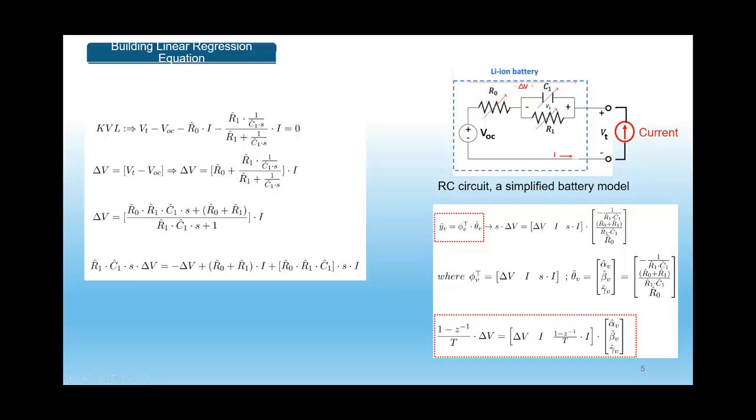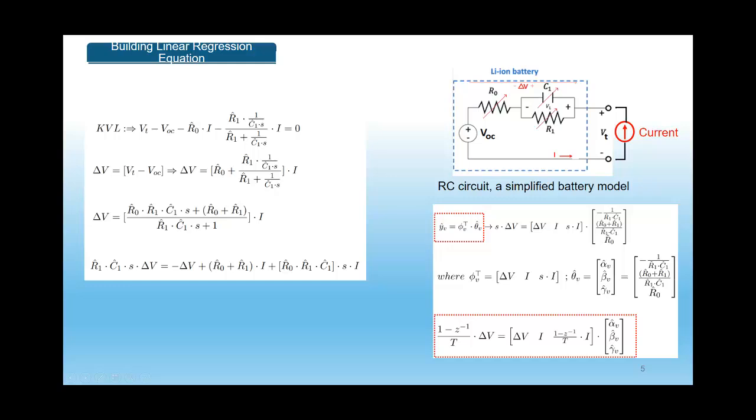As an example, we employ a simple RC model of a lithium-ion battery assuming time-varying parameters. While the actual system is more complex, we simplify the model to a structure with a constant open circuit voltage and a current source. To estimate the model's parameters, we derive a regression equation based on Kirchhoff's voltage law. This equation is formulated in both the frequency and discrete time domains.